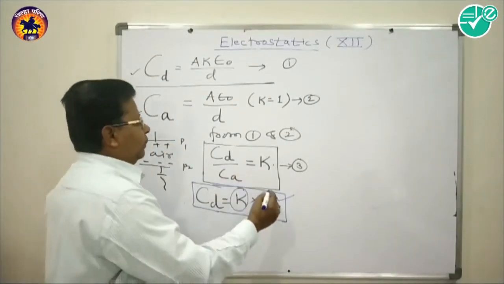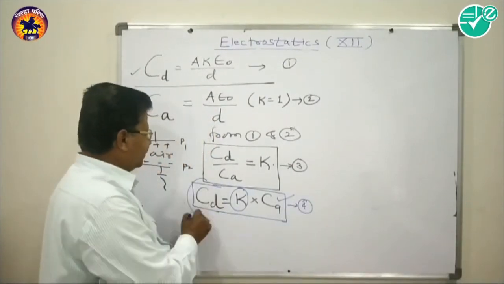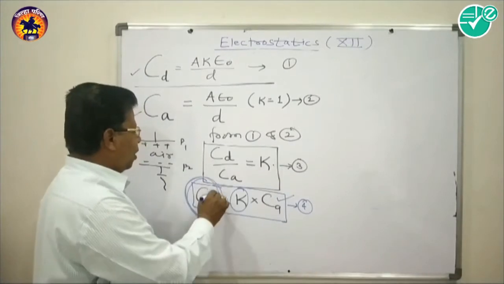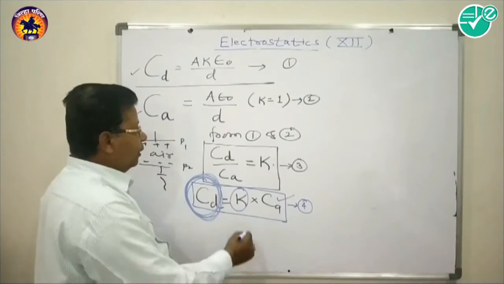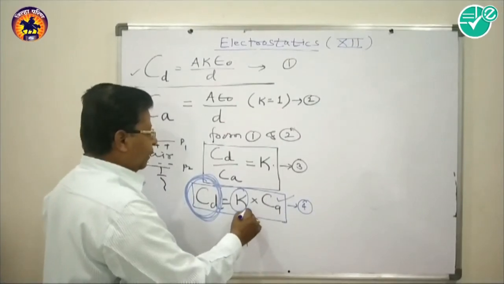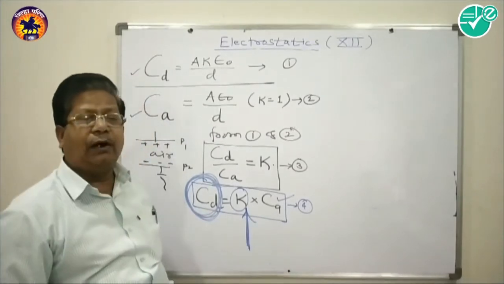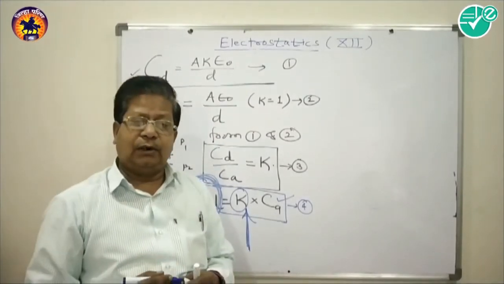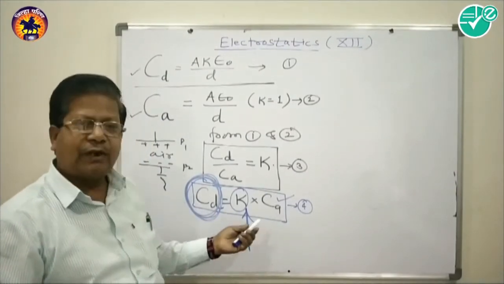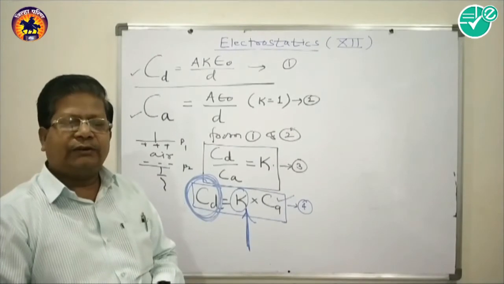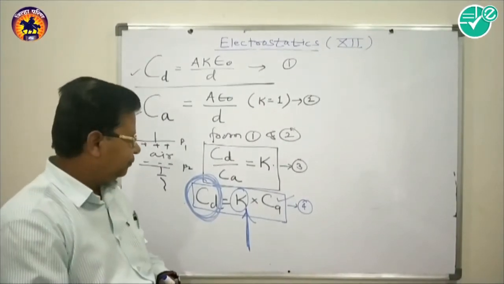So the conclusion from this expression is that the capacitance of a capacitor can be increased only due to the introduction of a dielectric medium between the two conductors which form the capacitor. It does not depend upon charge, it does not depend upon the PD between the two plates.